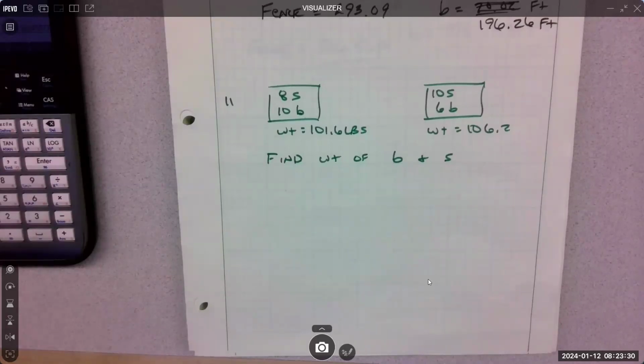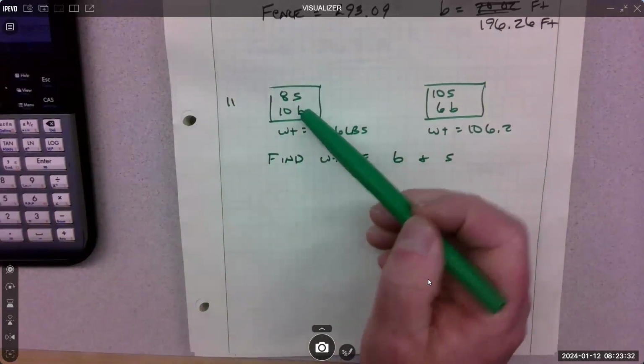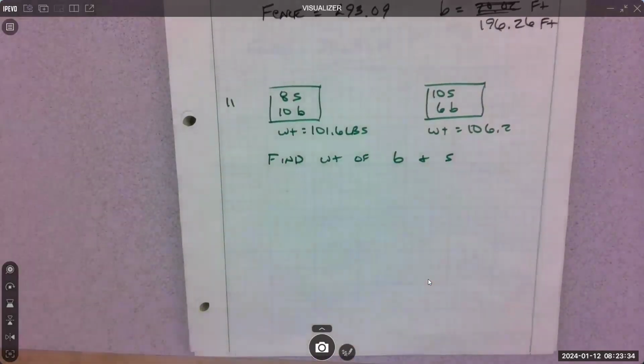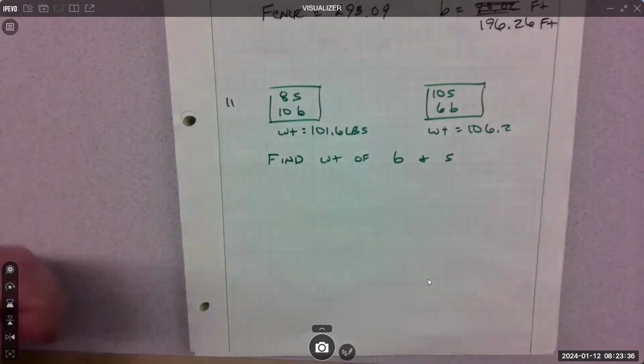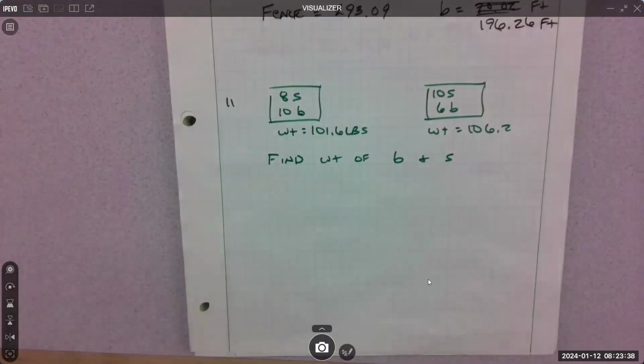So you got to write the equations. I used S for shock, B for brake. You could use X and Y if you want or whatever. That's fine. I'm going to write the formula of the first one and the formula of the second one. You kind of got to do that.